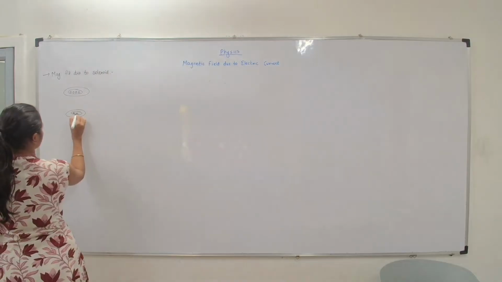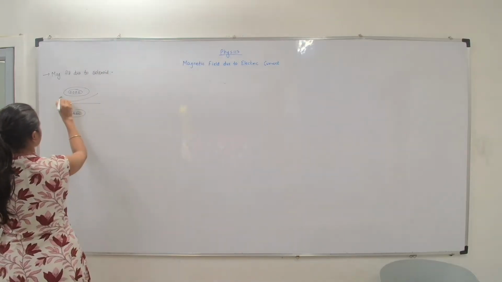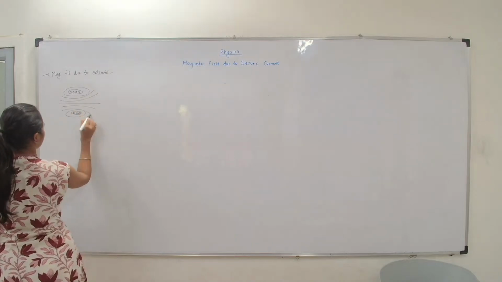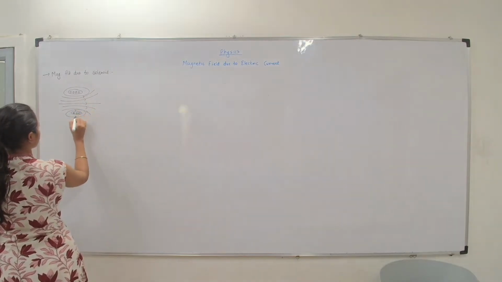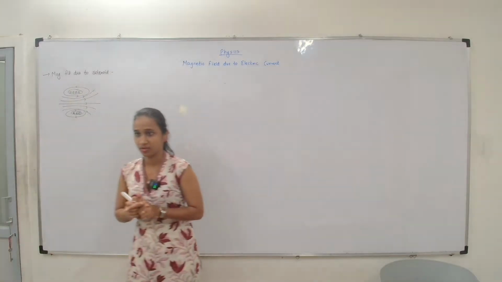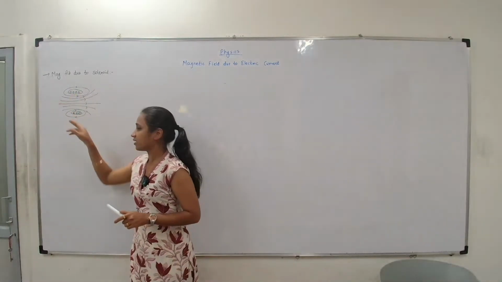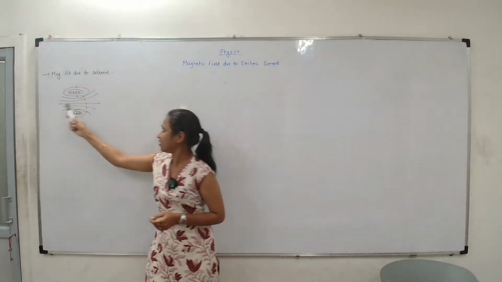Here there are crosses, and here a straight line. This is the direction. So what exactly are this dot and cross? Obviously they indicate direction, but the direction of magnetic field is this.